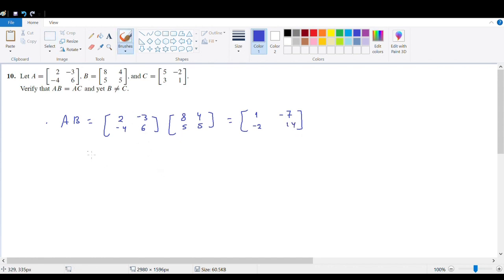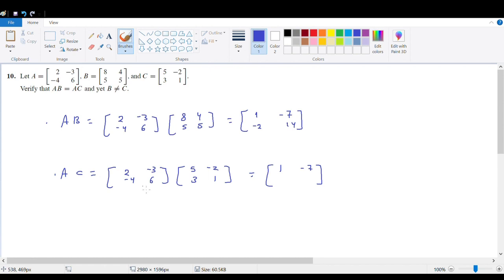Then let us find AC. So this is 2, minus 3, minus 4, 6 multiplied by 5, 3, minus 2, 1. So this will give us 2 multiplied by 5 plus minus 3 multiplied by 3, which gives us 1. 2 multiplied by minus 2 plus minus 3 multiplied by 1, this is minus 7.